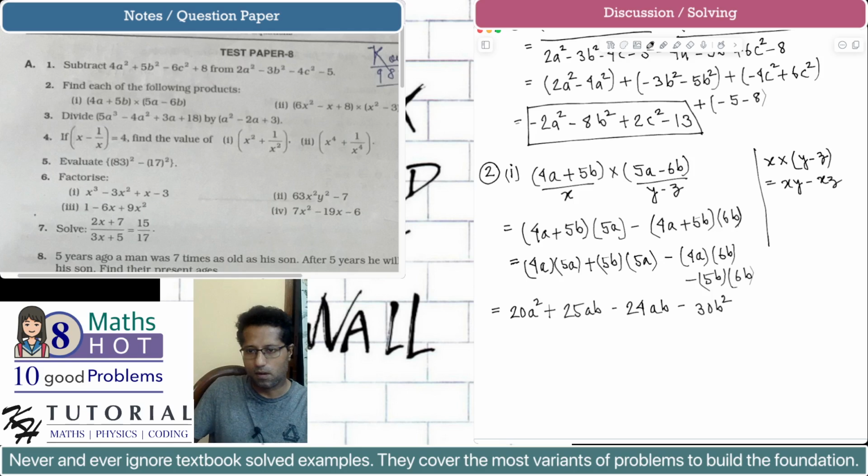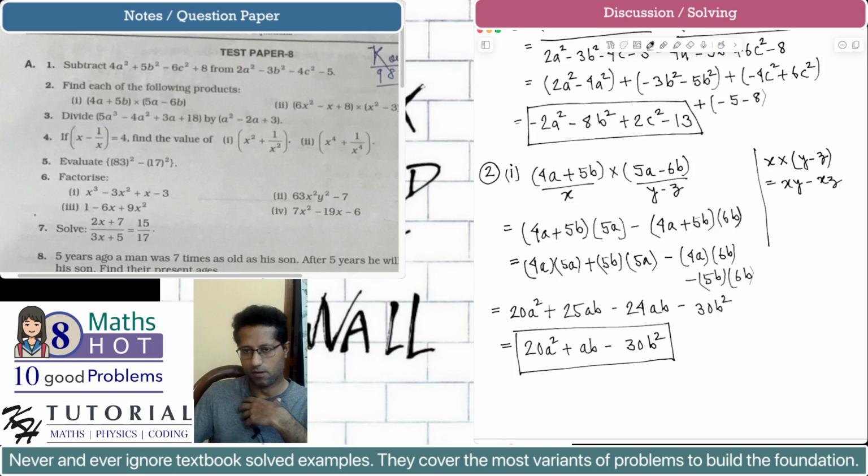Now we add up the like terms. The like terms are 25ab and minus 24ab, and so it becomes 20a square plus ab minus 30b square. So this is the result of the product of the given two binomials.